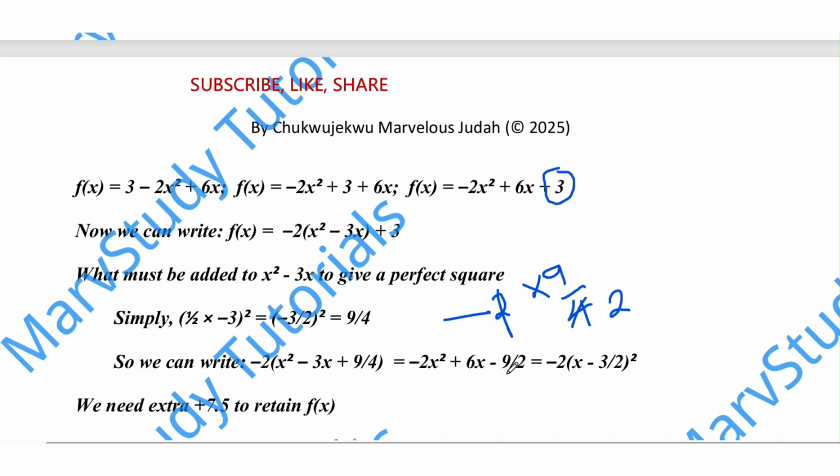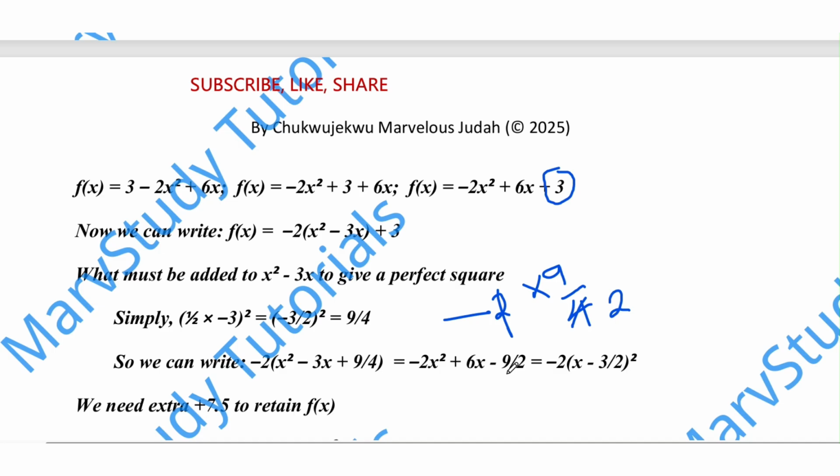So if we have negative 4.5, we need an extra 7.5 because we have to retain the constant term. Negative 4.5 and a positive 7.5. If we add a positive 7.5, that's going to be 7.5 minus 4.5. And 7.5 minus 4.5 is going to give us a 3.